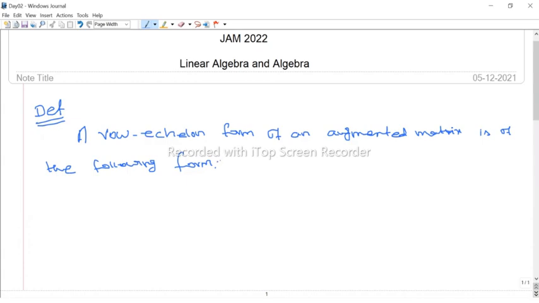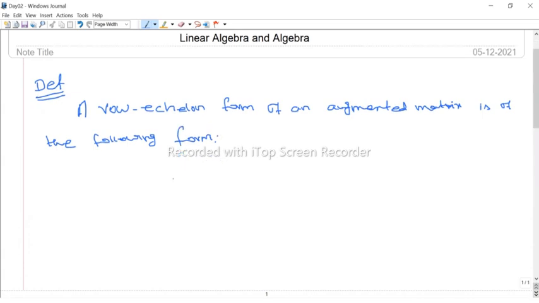Okay. So the first one is, suppose the matrix contains some zero rows, then you have to move them to the bottom. So if zero rows exist, then they have to come last in the order of the rows.